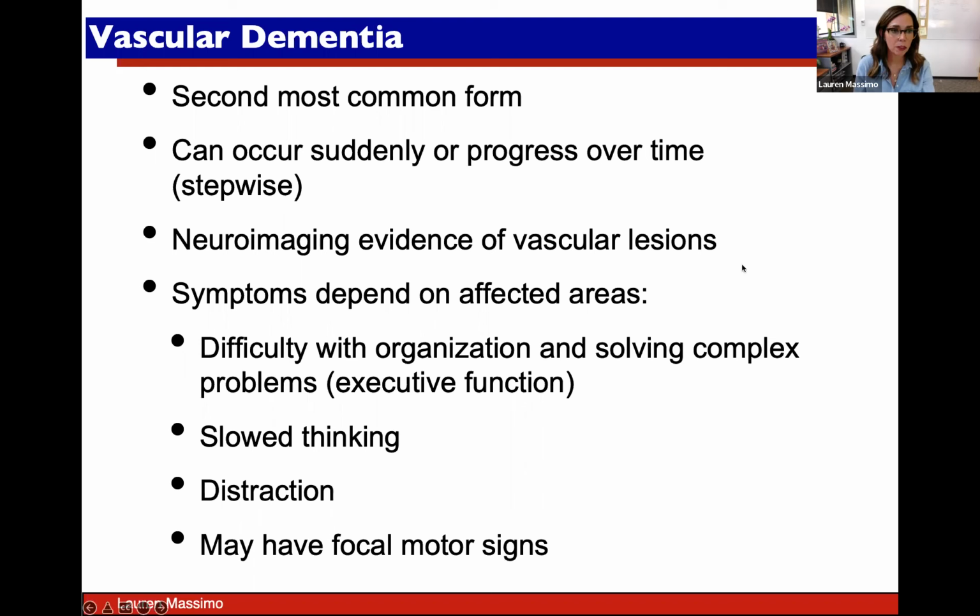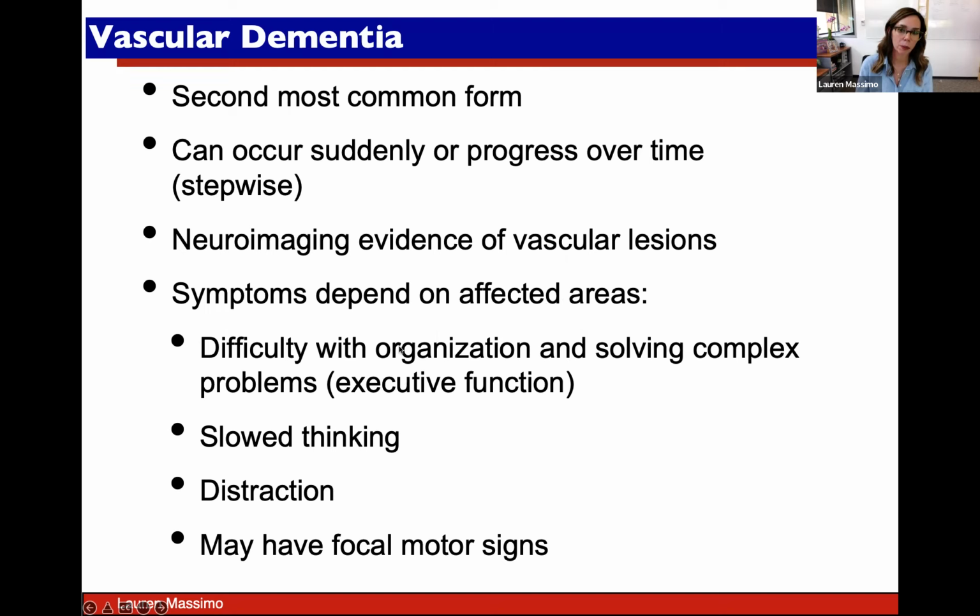It is due to strokes or mini strokes that can occur suddenly if you have a large stroke, or progress over time with stepwise decline if you have an accumulation of mini strokes. On neuroimaging, on MRI for example, you can see evidence of vascular lesions.